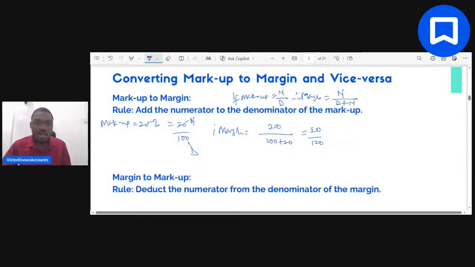That's the way conversion of markup to margin works. The thing is now that they might not give you in percentage. You can do it that same way. 20 over 100, break it down to the smallest, that's 1 over 5. If you now break this down, that's 1 over 6. And you see that it's still the same thing. So if you want to convert 1 over 5 directly, you say numerator over denominator of 5 plus numerator of 1 equals 1 over 6.